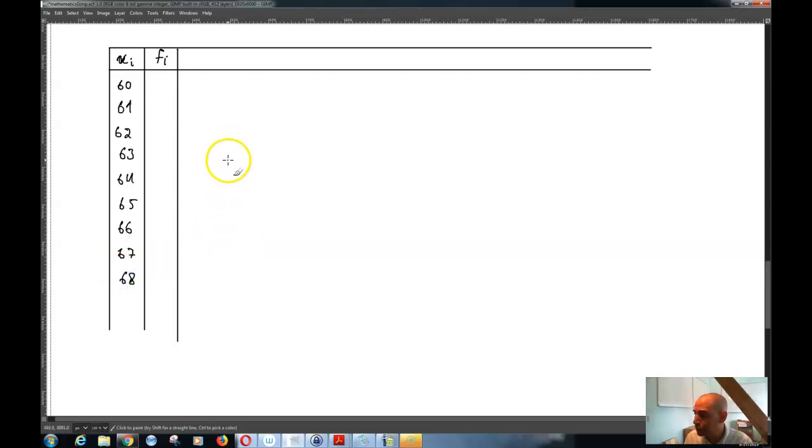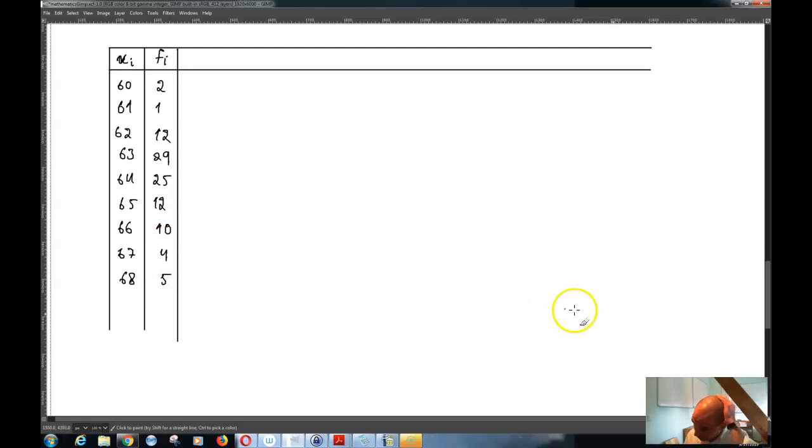And the frequencies are 2, 1, 12, 29, 25, 12, 10, 4 and 5.